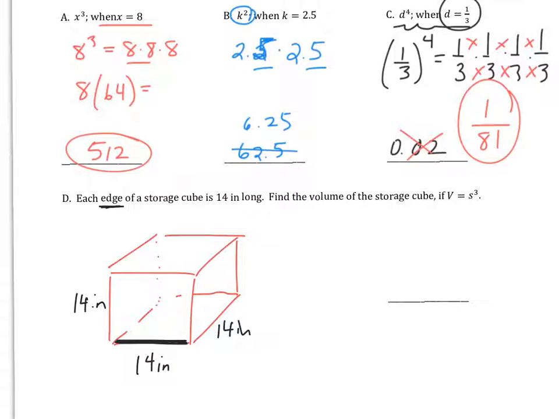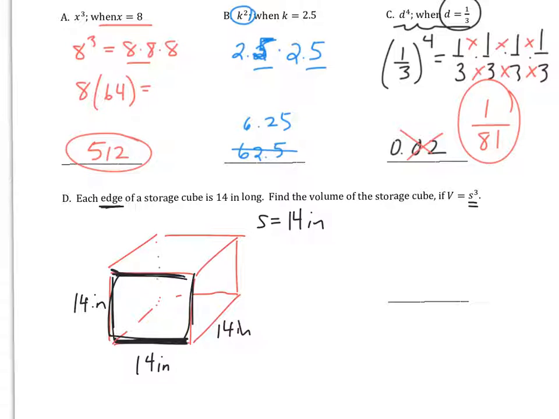If this was a square, you would call each of these what? I'm looking for a length, something that begins with an S. Blank length. Begins with an S. Side length. Okay, so the S here stands for our side length, and each side length is equal to 14 inches.